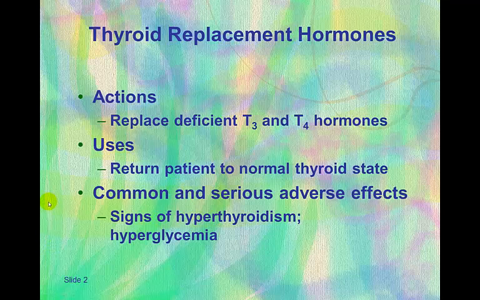So thyroid replacement hormones are typically used to replace T3 and T4, more often T4. They're typically synthetic, though natural hormones can be used. Levothyroxine is the most commonly used. Trade name is Synthroid. It's what most of us are familiar with when giving medications for hypothyroidism.